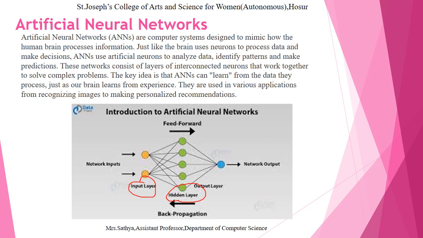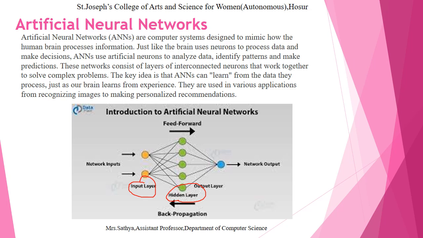Artificial neural networks are computational models inspired by the biological human brain. Just like biological neurons receive signals, process them, and pass them forward, artificial neurons also receive inputs, apply weights, and generate outputs.